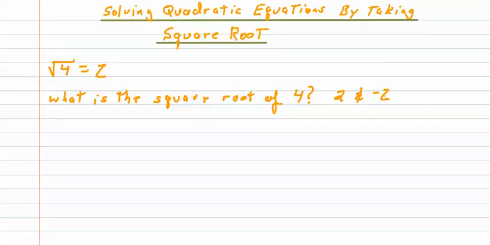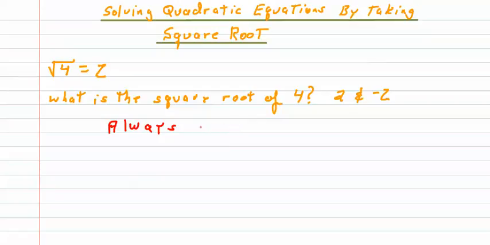And that's important to remember, because when I say what is the square root of a number, you must always use a positive and a negative. So, important to remember, always. And this is something that, if you're not careful, you get half your answers missing because you don't remember this.